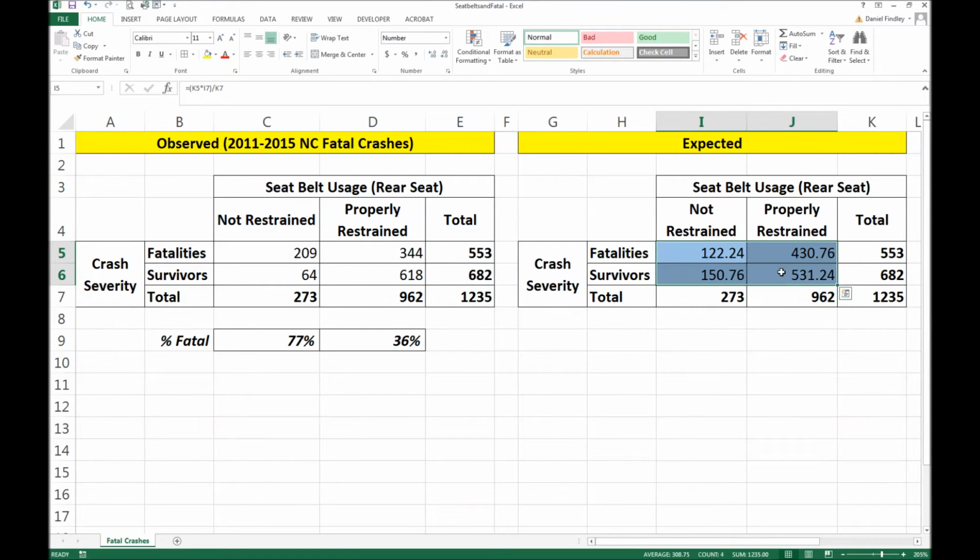And this will generate our entire expected values table. We are now distributing those 1,235 individuals as we would expect them in those 4 categories. And with this, we can now move on to determining our chi-square statistics for each individual cell, and then our overall chi-square statistic and our p-value to make a conclusion about this data.